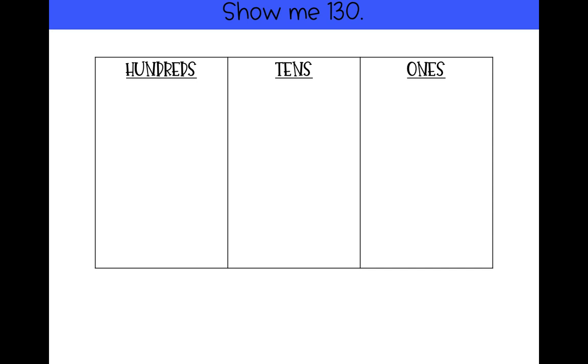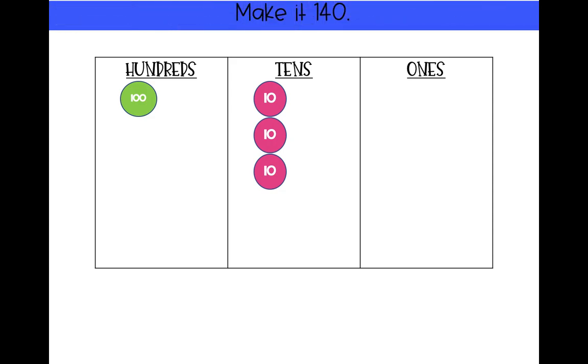Next, I want you to show me 130 on your place value chart. How do we do that? We need to show 1 hundreds disc and 3 tens discs. Now we have 130. Let's make it 140.